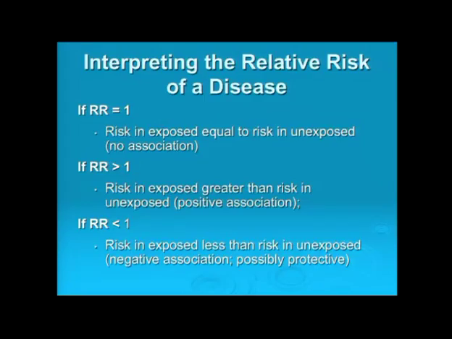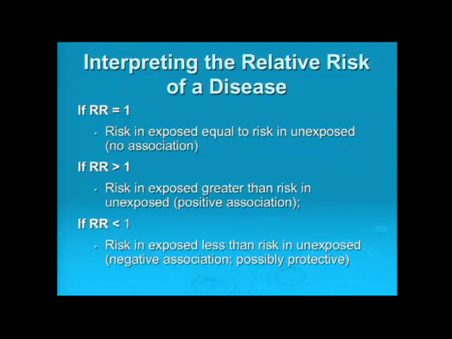And if the relative risk is less than 1, which, as we're doing more health promotion research... we used to only study bad things, so we got relative risks over 1. But now as we're looking for things that prevent disease, you begin to look for relative risks that are less than 1, showing that the risk in the exposed group is less than the risk in the unexposed, meaning you have some protective factor.